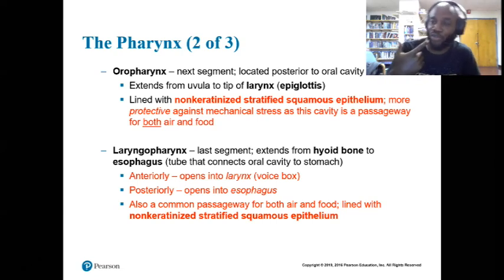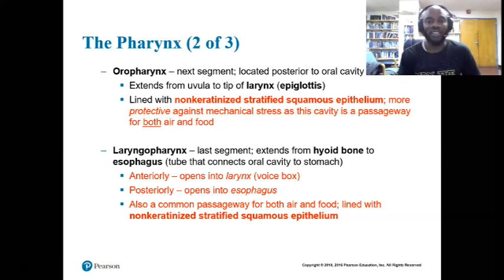Remember, we can breathe in through our mouths, but we can also eat food through our mouths, as we all know. If we breathe in through our mouths, we want that oxygen to go into our trachea and eventually into our lungs. If we eat through our mouths, the food goes through the oropharynx, but we want it to eventually go into the esophagus and to our stomachs.